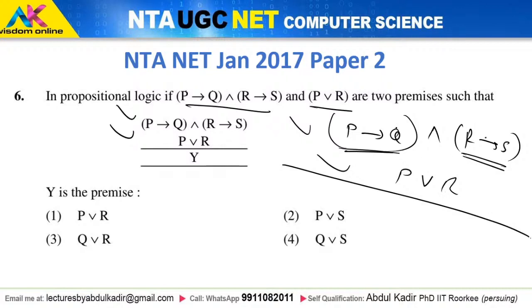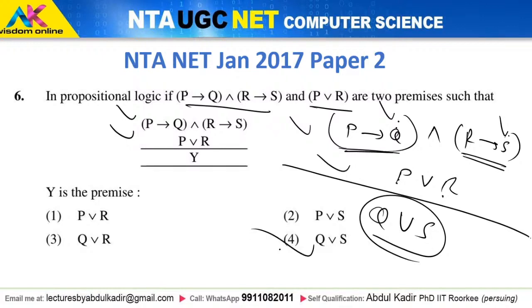If R is happening, then S will definitely happen. So at least one of them is happening, and we can say either Q is happening or S is happening. So the answer will be option 4.